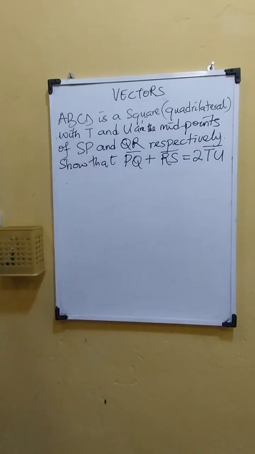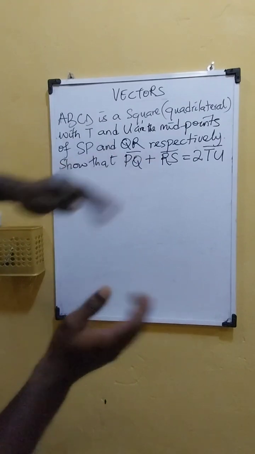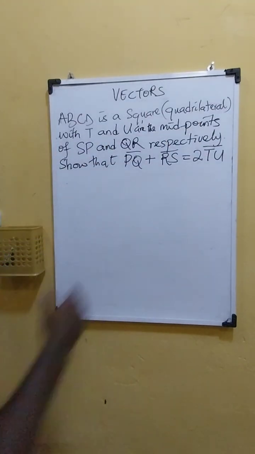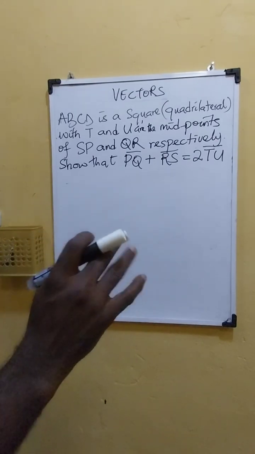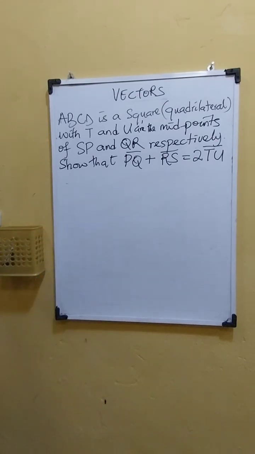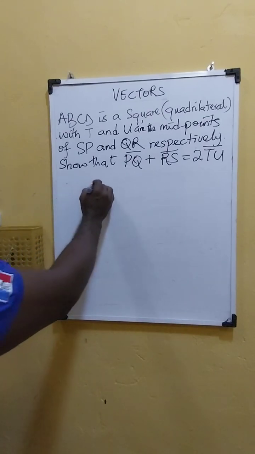There's a way the movement is this way, so we need to represent it pictorially. You know, there is what we call graphical or pictorial representation of vectors. So you have to draw a diagram.